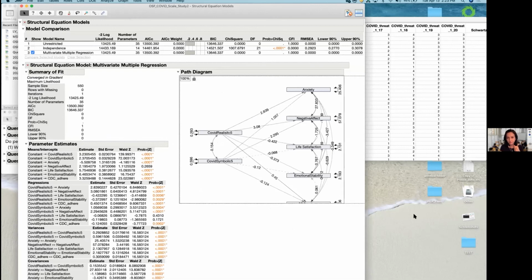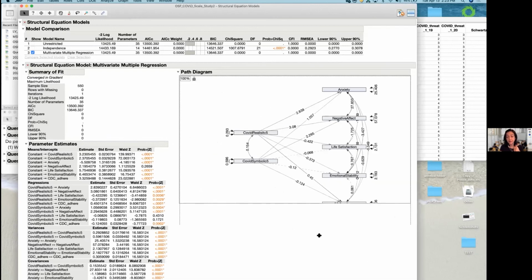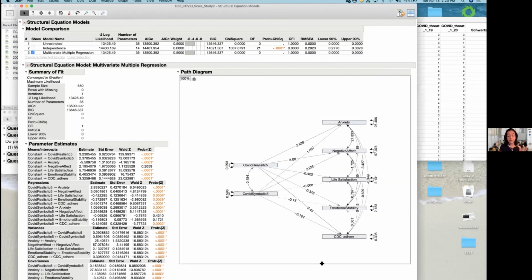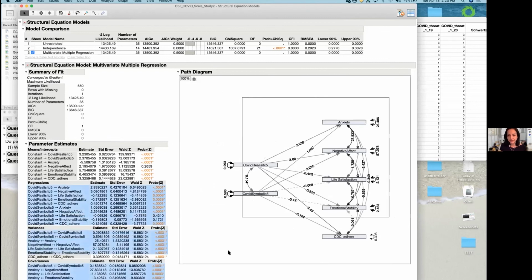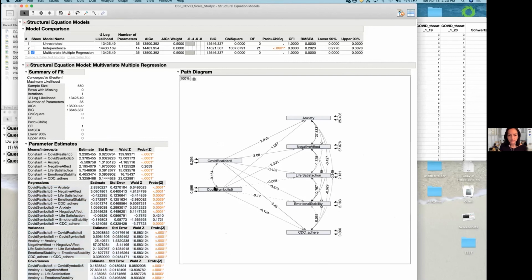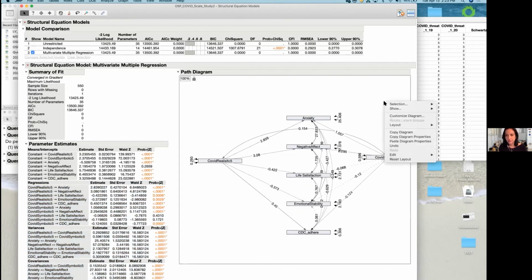So this is an example of a multivariate multiple regression. I'm going to move around the diagram a bit so that I can focus on a very specific part of this model, and I'm going to hide the covariance.